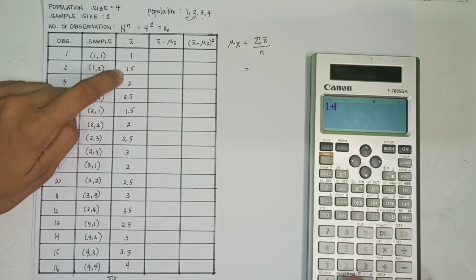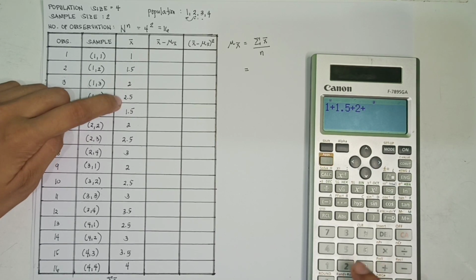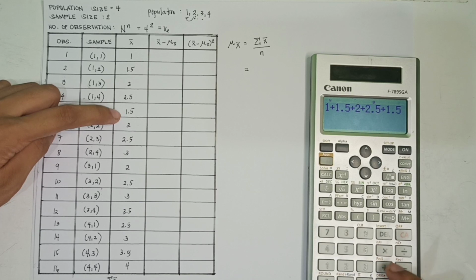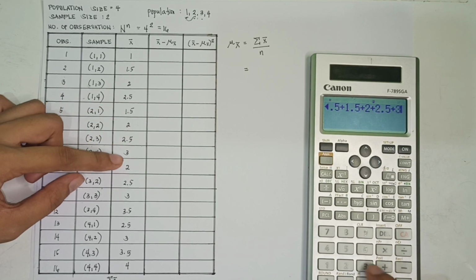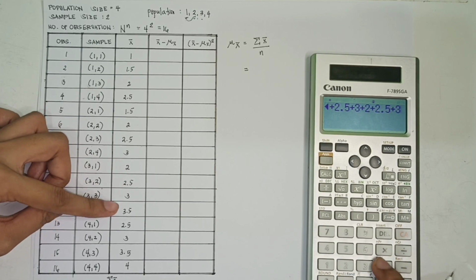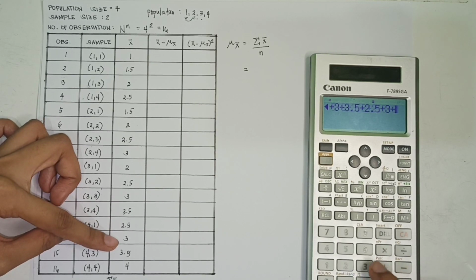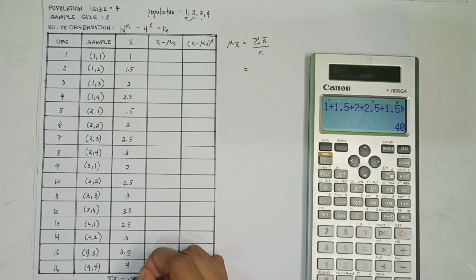So, 1 plus 1.5 plus 2 plus 2.5 plus 1.5 plus 2 plus 2.5 plus 3 plus 2 plus 2.5 plus 3 plus 3.5 plus 2.5 plus 3 plus 3.5 and plus 4. Okay, and that is equal to 40.